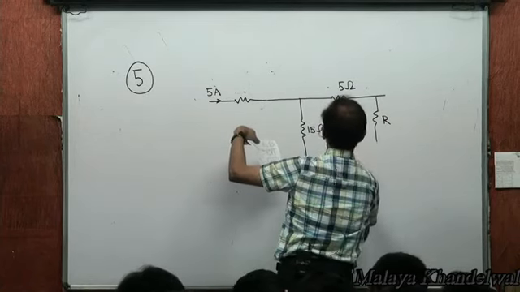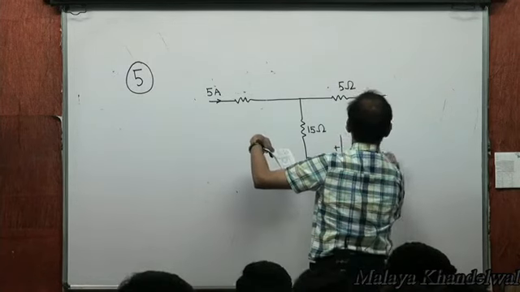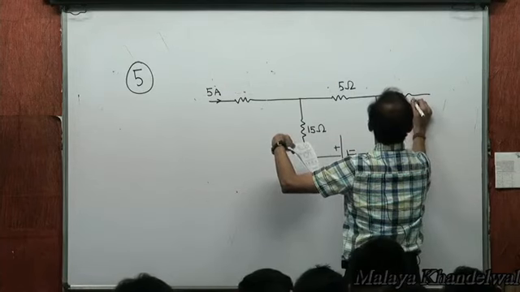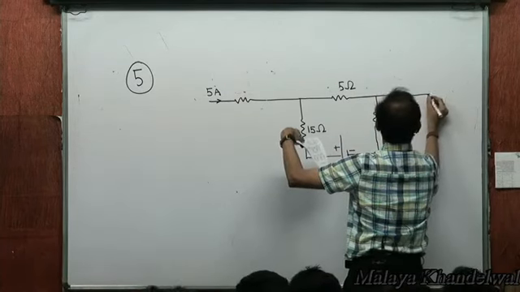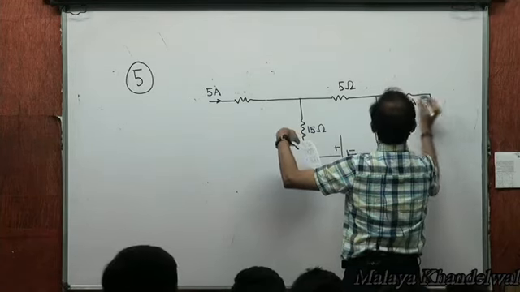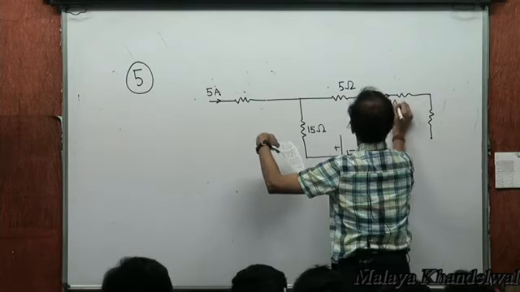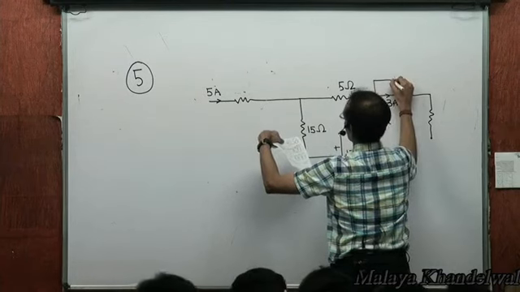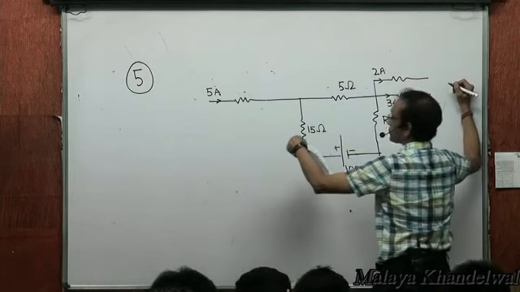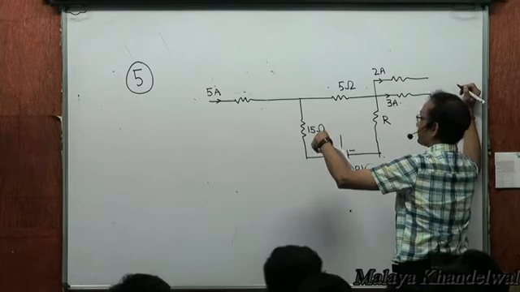There is a battery like this, 100 volts. There is 3 amps going this way, going into a resistor. Fine. There's 3 amps like this. There is 2 amps going through, again, some unknown resistance here. This is it, right?